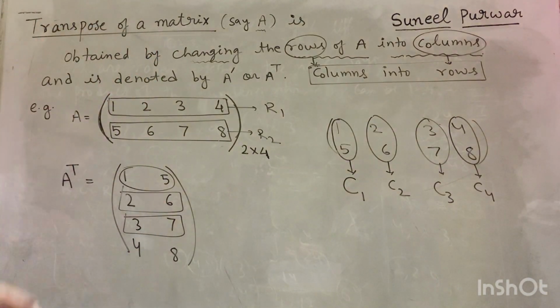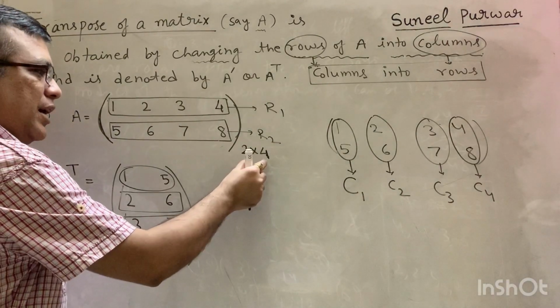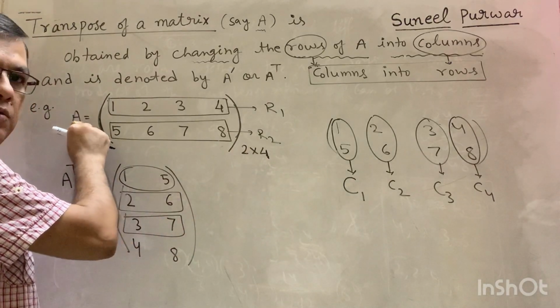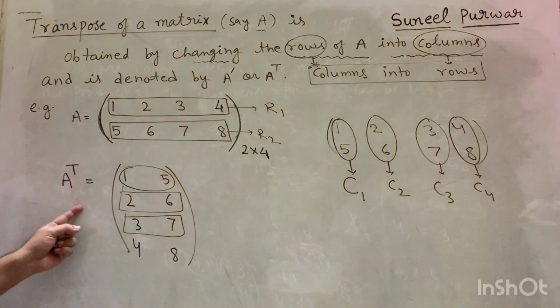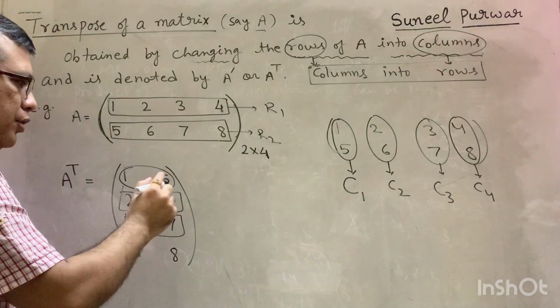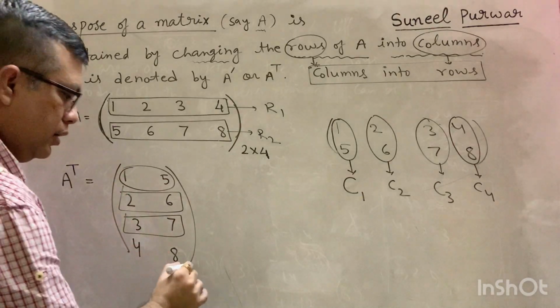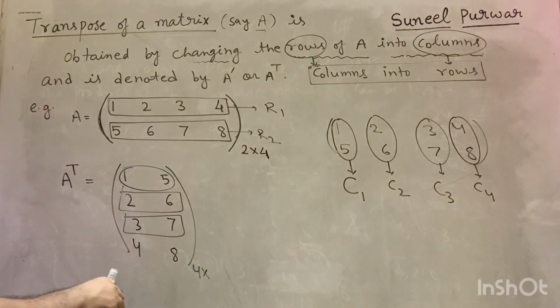Further, you notice some more important points. The size of this matrix A was 2 by 4. Matrix A was of the size 2 by 4. Now you see the order of its transpose. इसमें कितने rows हैं? 4 rows. First row, second row, third row, and fourth row. So the number of rows is 4, and the number of columns is how many?